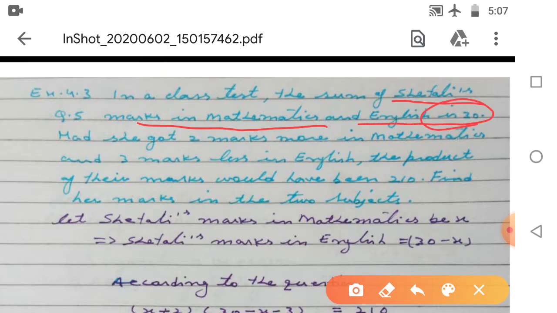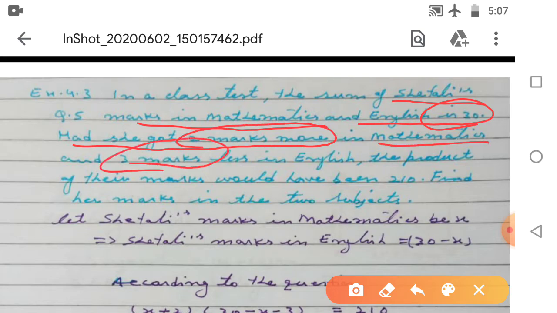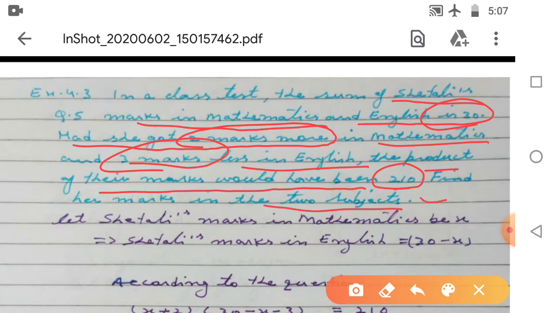Had she got 2 marks more in mathematics and 3 marks less in English, the product of their marks would have been 210. Find her marks in the two subjects, right?